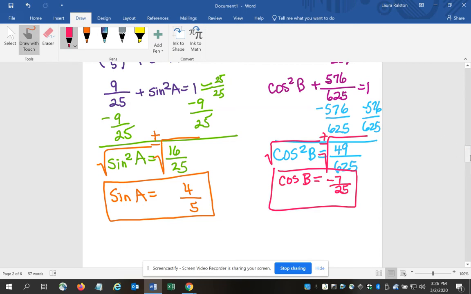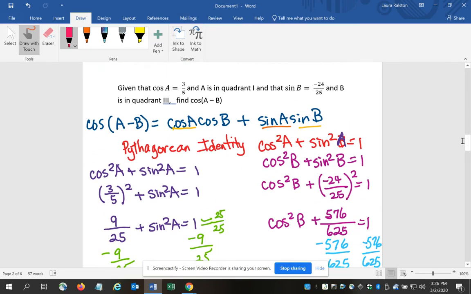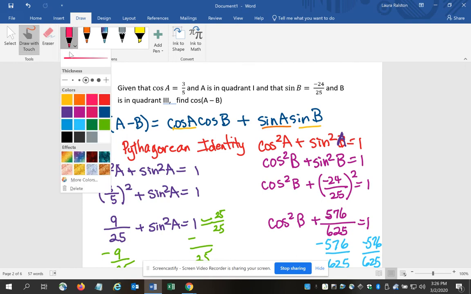So what I've accomplished is I now have all of the pieces that I need to substitute into my cosine problem. Okay, so I'm ready to do the substitution. And again, I'll copy the formula down for you so that we can look at it. So I'm going to scroll back down.